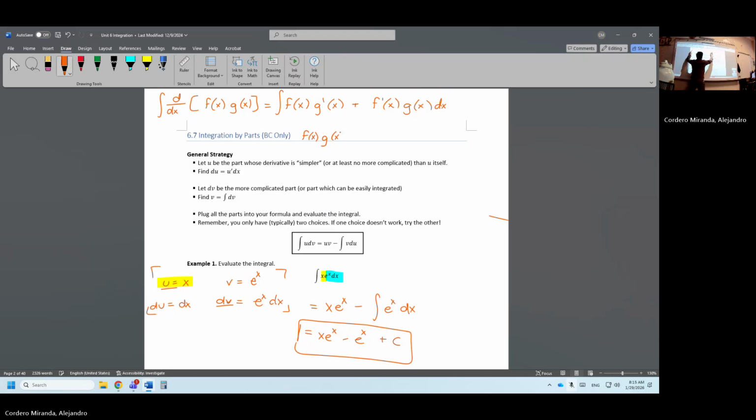Then on this side, I get the integral of f times g prime plus, let me split this into two integrals. Instead of the integral of this plus this, let me just do the integral of this plus the integral of that. And then here you can see where the formula came about.